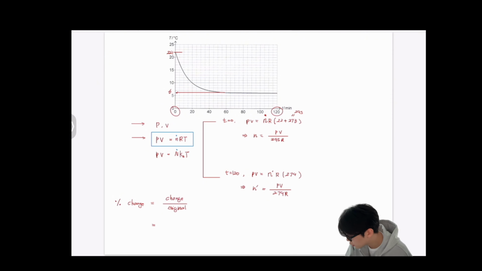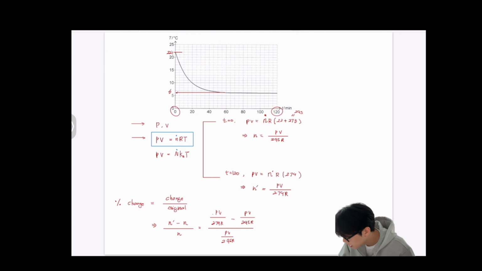Okay, so that goes to n prime minus n over n. So that has to be PV over 279R minus PV over 295R, over PV over 295R.